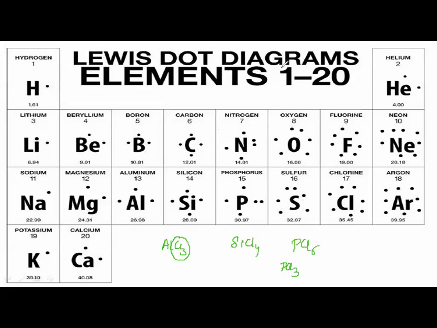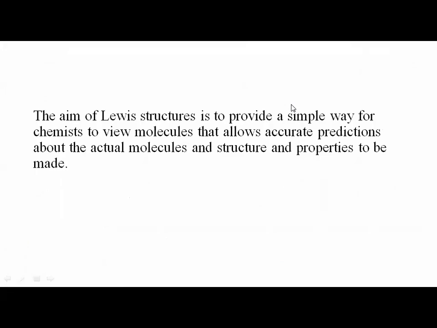Yes, so looking at the Lewis symbols, we can actually predict some of the chemical properties of the compounds. Therefore, the Lewis symbol represents the number of valence electrons in the outermost shell.